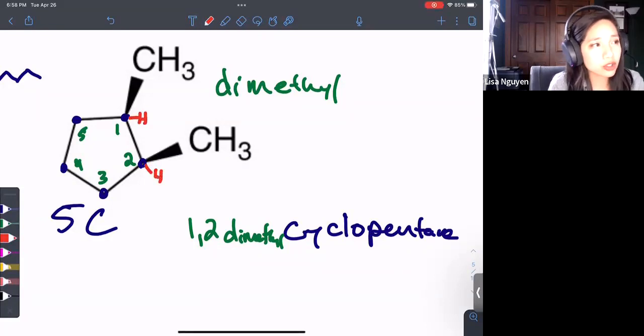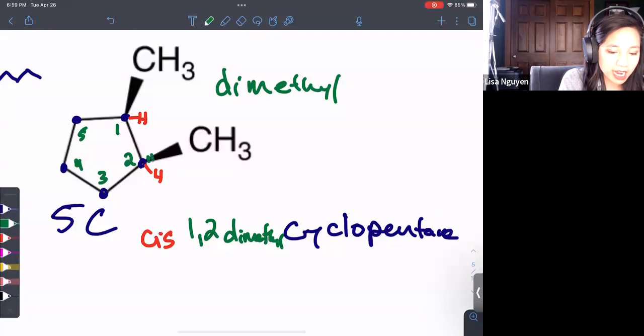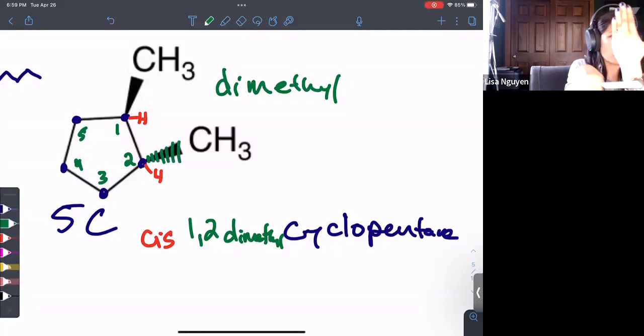There are hydrogens on carbons 1 and 2 as well, in order for carbon to have 4 bonds. Since the 2 substituents are pointing up, this is actually cis-1,2-dimethylcyclopentane. I hope you can write or understand what trans-1,2-dimethylcyclopentane would look like. It would look exactly the same, except one of the substituents would be going down, so it would look like this.